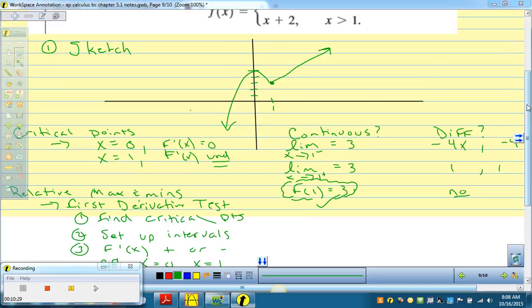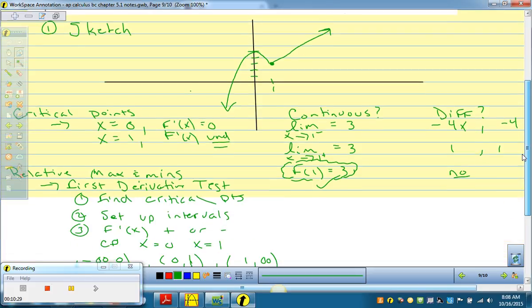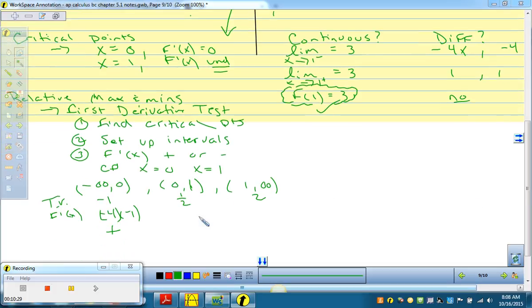If I plug 1/2 in, am I still in the top branch? Is 1/2 less than 1? Indeed. And do I get a positive or a negative? I get a positive. And then from 1 to infinity, what do I get?